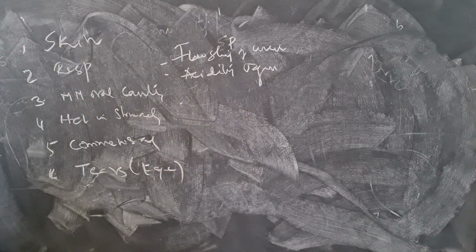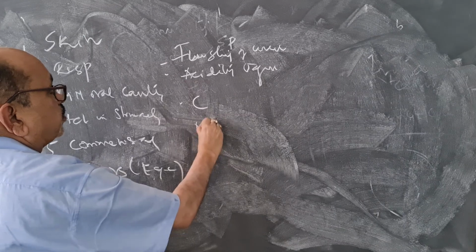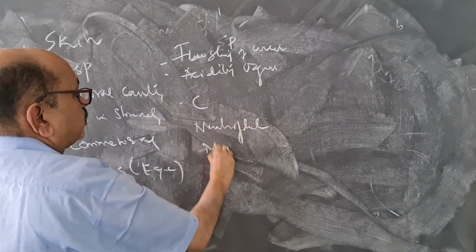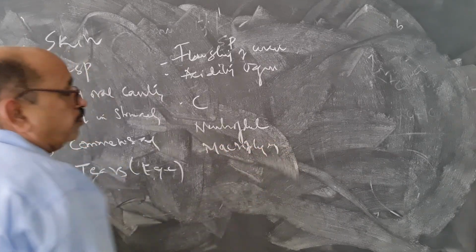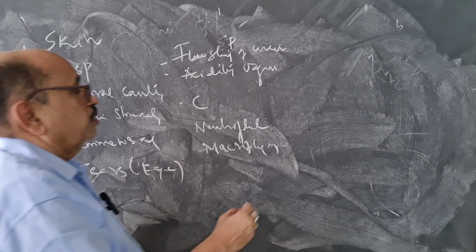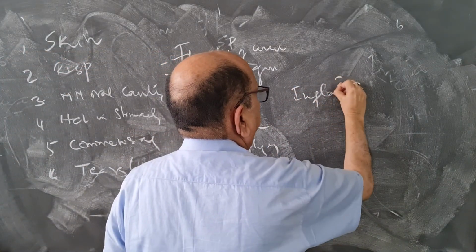Then bactericidal substances present in the blood are complement, neutrophils, macrophages, and fever and inflammation.